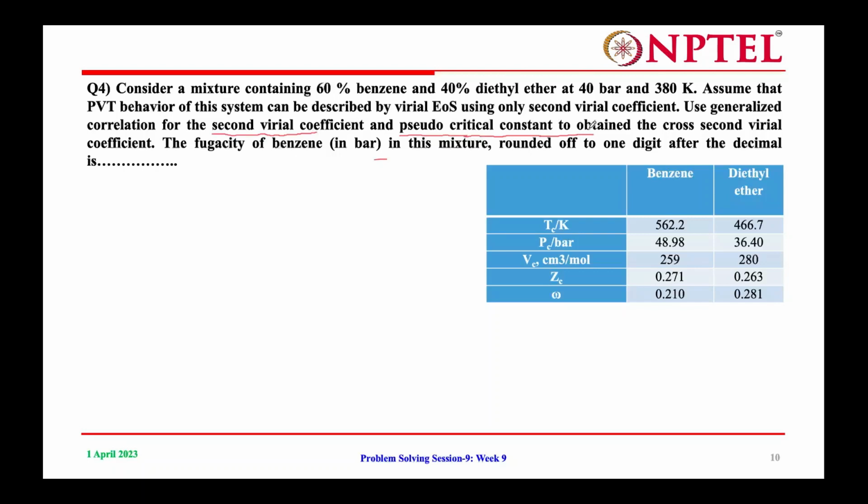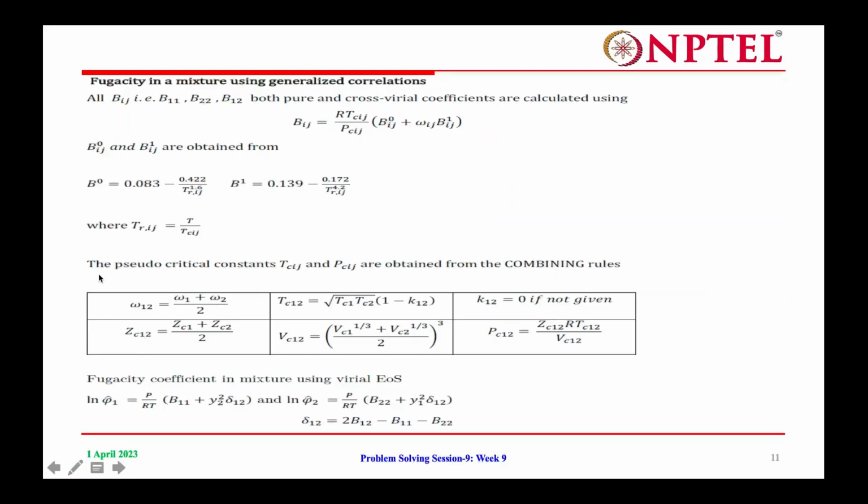The critical constants for the two pure species are calculated by using these combining rules. So the pseudo-critical constants are obtained from these relations.